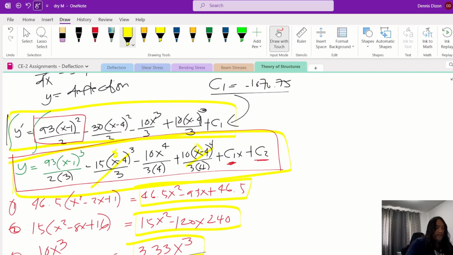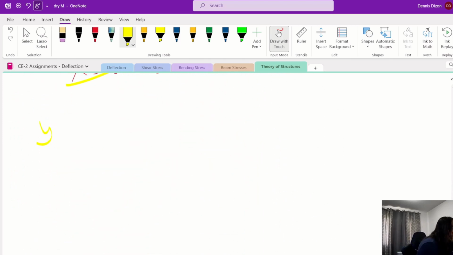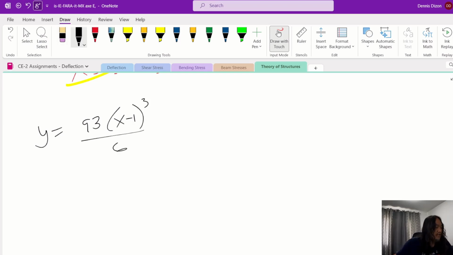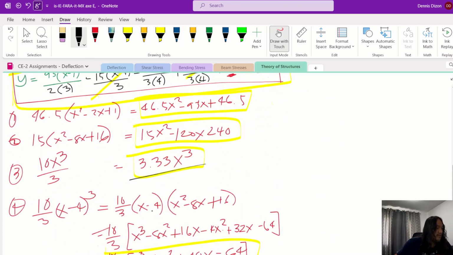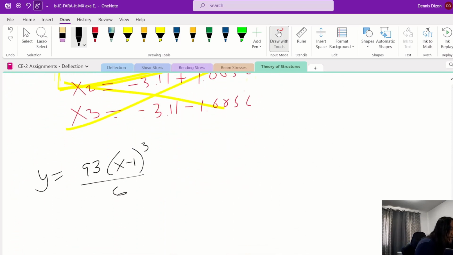So our final equation where we can solve for the maximum deflection is, at x = 2.9954, y is equal to 93 times (x minus 1) cubed over 6. And the term that would yield a negative value, we disregard. The next term is minus 10x to the fourth over 12.